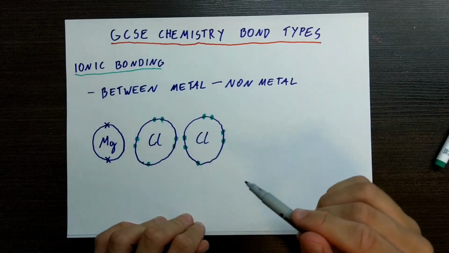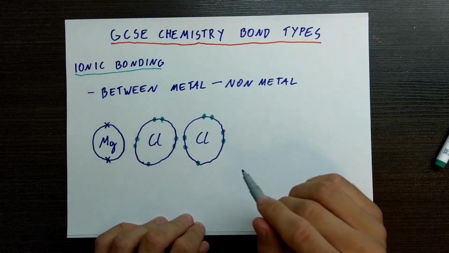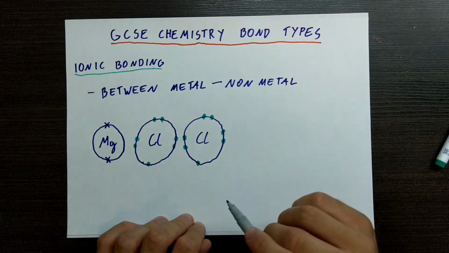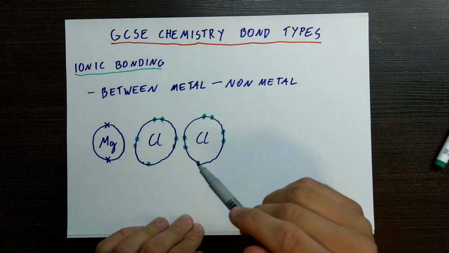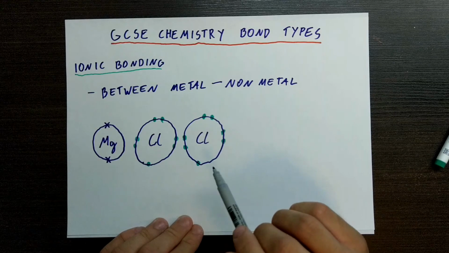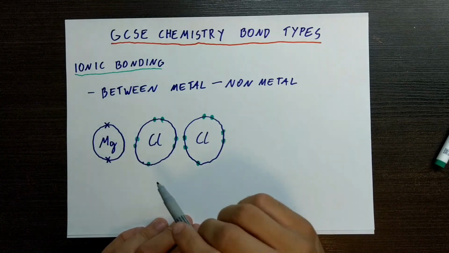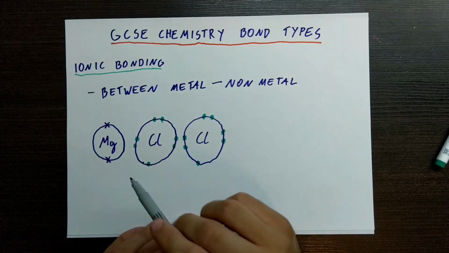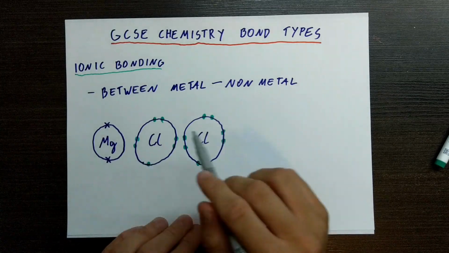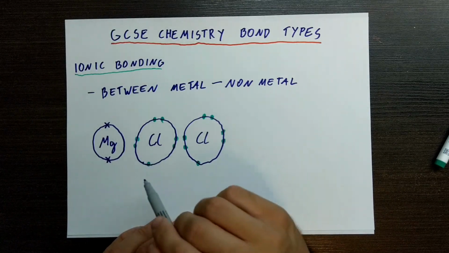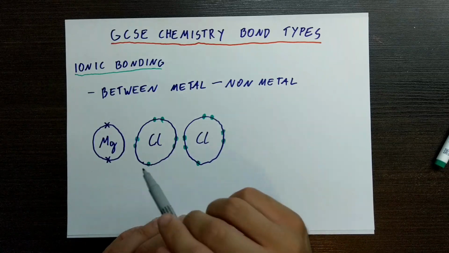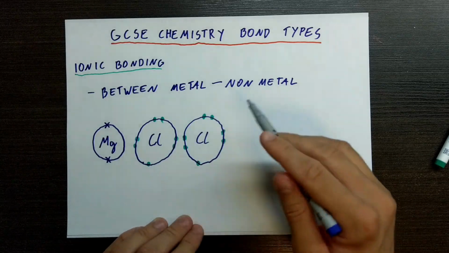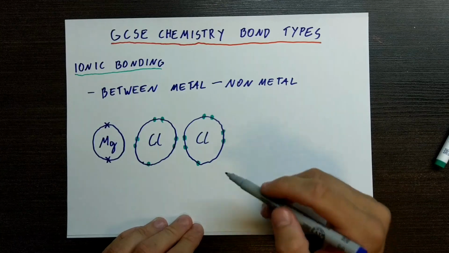Now, what is going to happen? As we said previously, all these atoms try to make their shells full or empty. That's why they react. The whole reason for them reacting is to get their electron shells full or empty, the outer shell anyway. So what can happen here?